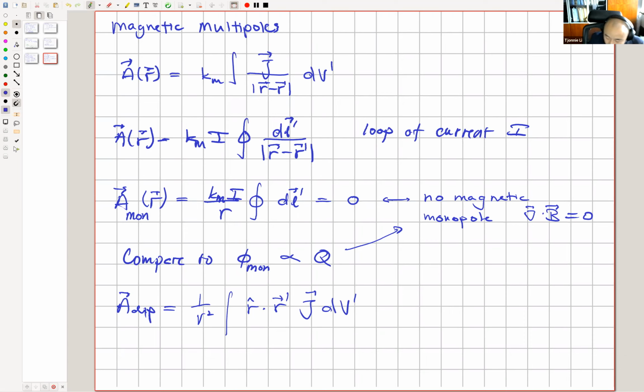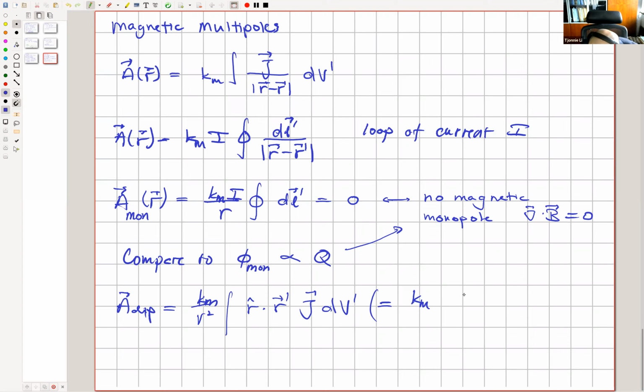Now, similarly, if I consider this to be a line integral, for a line, I could also write km. Yeah, there's some km over here.